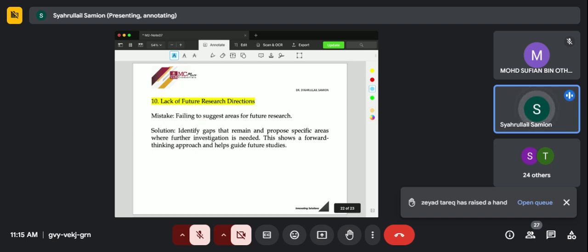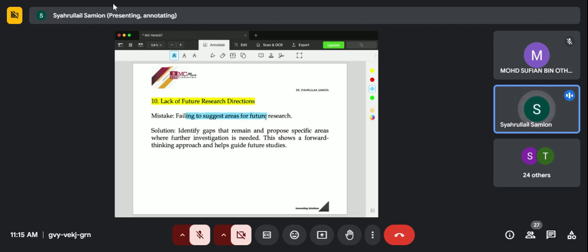And then lack of future research direction. So it fails to suggest areas for future research. This is actually when you fail to show your research gap. So how to avoid this one? That's why when you write your problem statement, you must have the idea of ideal condition. And then you need to know what the current condition is.